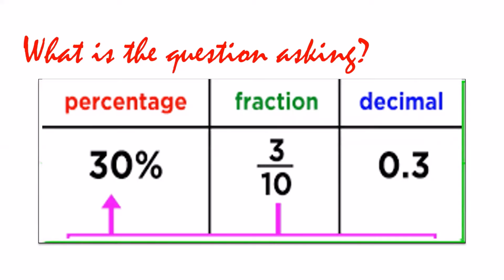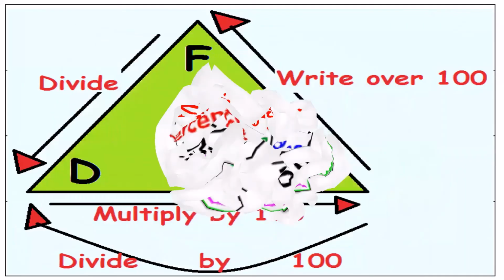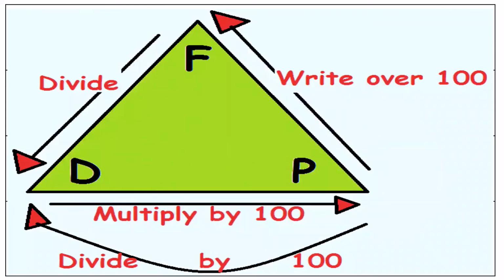And 3/10 is equivalent to 30%. Now let's look at our fraction decimal percent triangle. This triangle is meant to show us what operation to use. So we're converting a fraction to a decimal. We will be dividing.